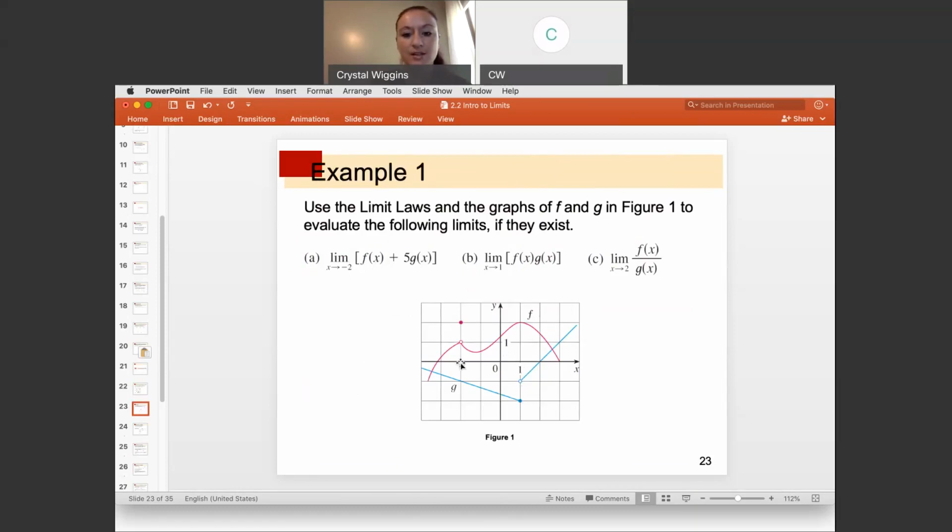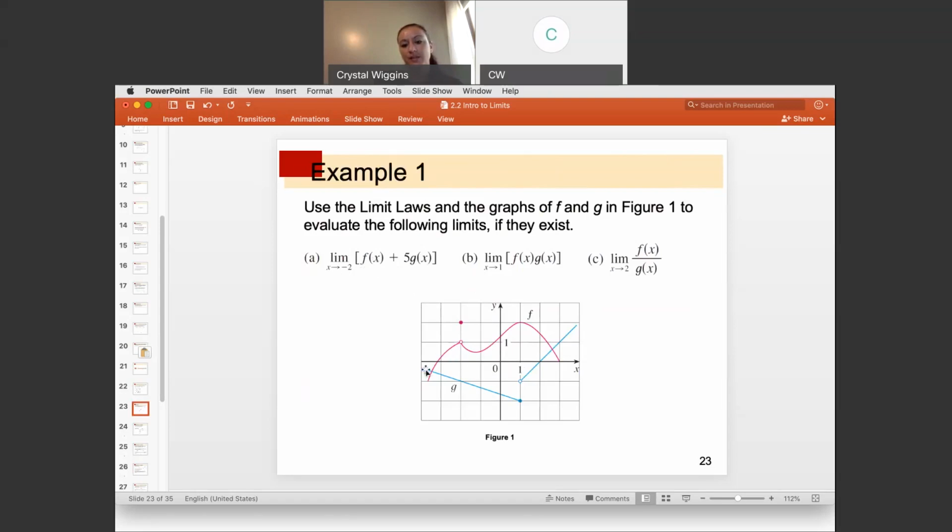That's here. Here's -2. F of x is the pink function. So if we're approaching from the left, we're approaching a y value of 1. If we approach from the right, we approach a y value of 1. So the limit of f of x as x approaches -2 is +1. Now let's do the same thing for g. So here's -2 again.